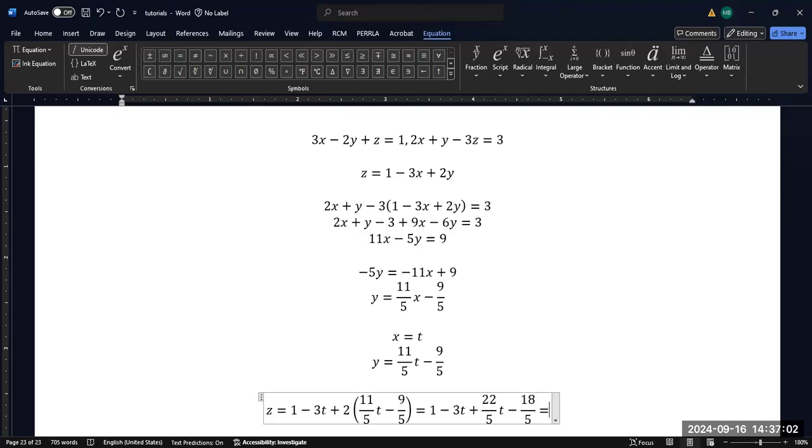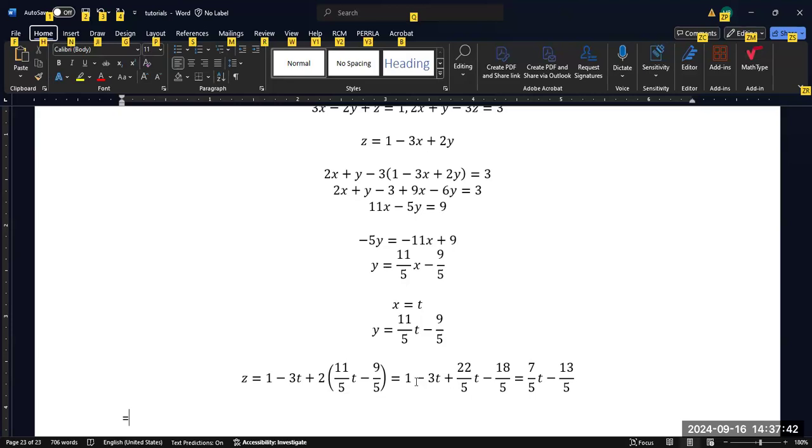And if I combine my t's, 3t is going to be 15 over 5. And so that's going to leave me with 22 minus 15 is 7 over 5 t, and then 1 minus 18 divided by 5. 1 is 5 over 5, so that's going to leave me with minus 13 over 5.